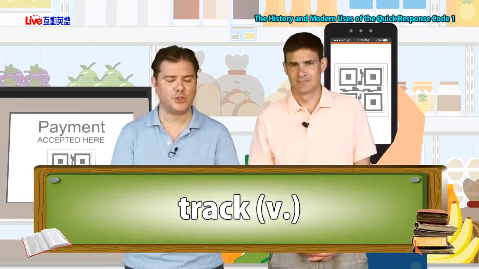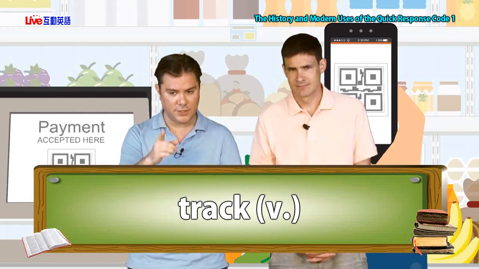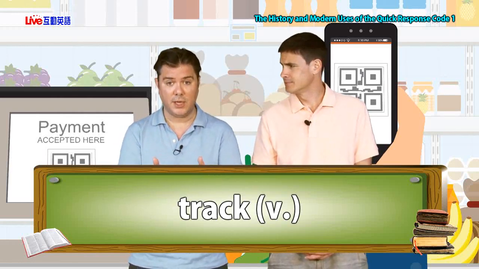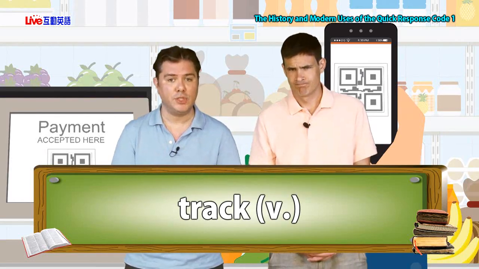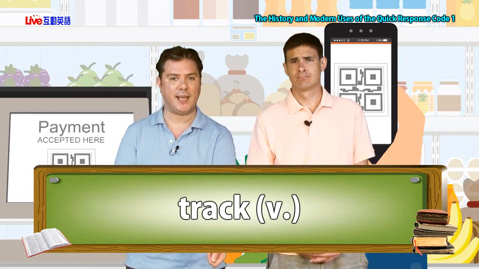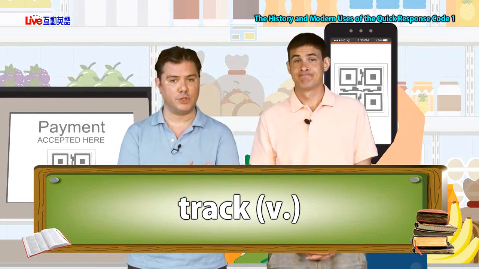This Japanese company was using the QR code and barcodes before that to track items in factories. What is it to track? This verb is to follow something, to notice it, to pay attention, and to follow it because you're interested in where it's going. The police might use special dogs to track bad guys if they're running through the woods. You might use a phone to track someone.